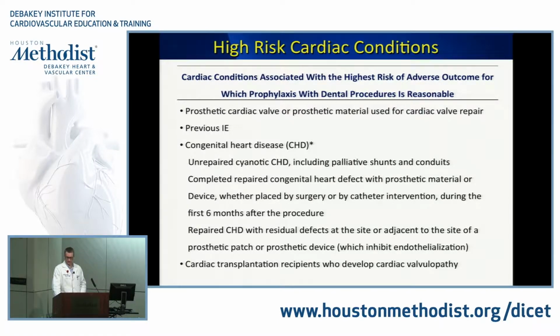It doesn't matter if a catheter put it in there or a sternotomy got it there. Previous endocarditis, and then a select list of basically blue congenital diseases or unrepaired. But it's not an older person with bad teeth with mitral valve prolapse or mitral stenosis or even native valve aortic regurgitation, although we still get these calls all the time. And people still want to prophylax them.